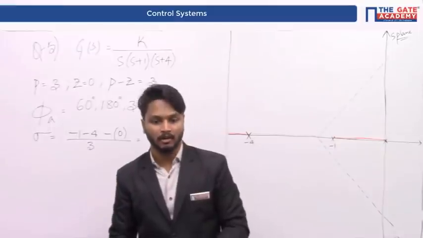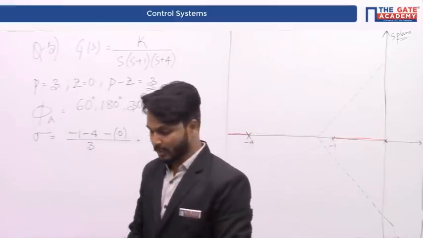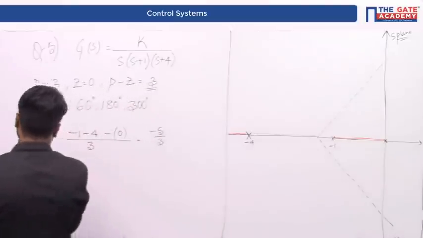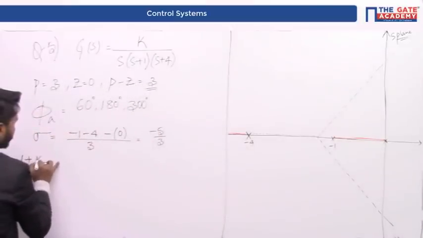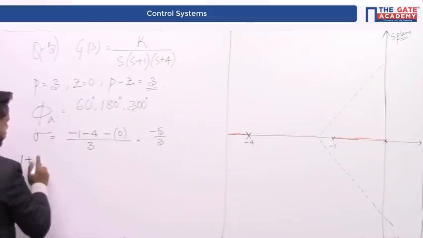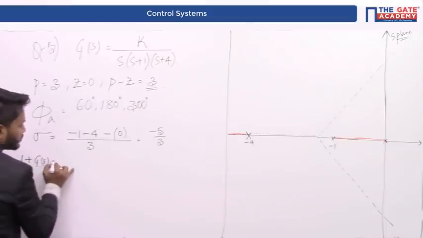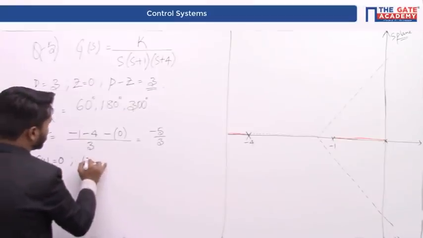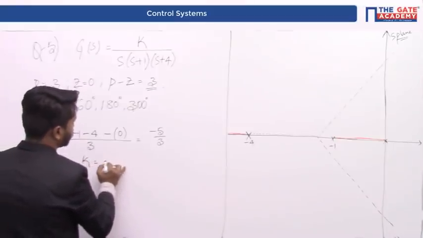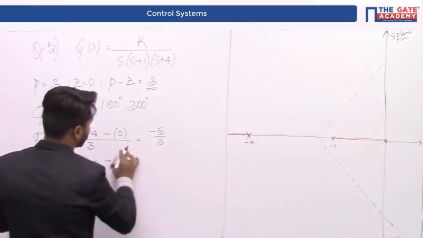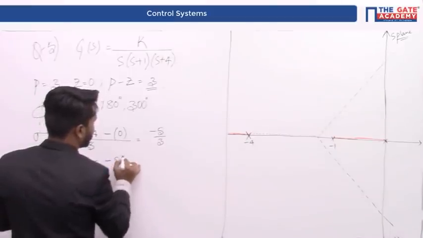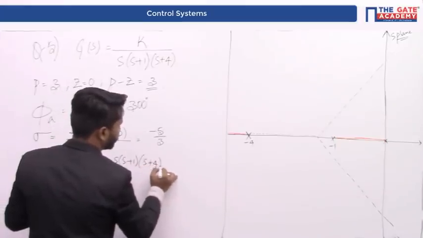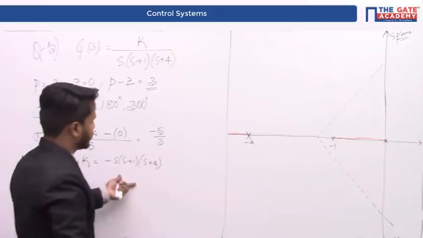Let us calculate where the breakaway point is going to be. From the closed loop characteristic equation, 1 plus G of s equal to 0, you can write the value of K to be K equal to minus s into s plus 1 into s plus 4. Can we write it like this? Right.